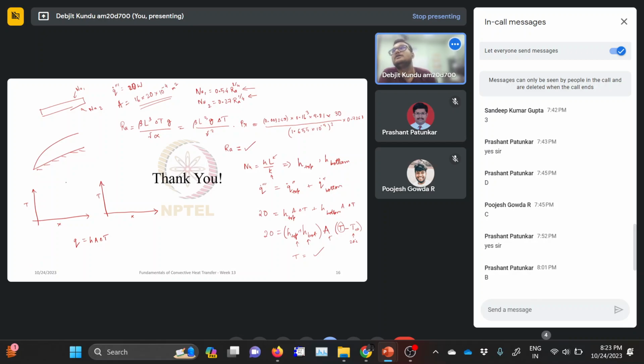So this is for the isothermal case, and this is for the constant heat flux case. If there is a constant heat flux, that means this q double prime is equal to constant. So that would mean this delta T is also constant.